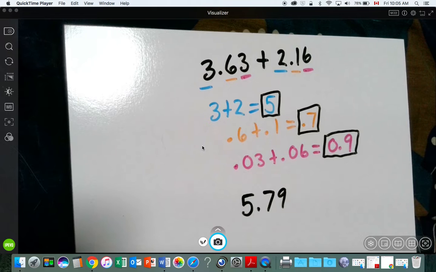The benefit of this strategy is it keeps all the digits in their original place value. We're not regrouping, and there's less chance of mixing up the numbers. And it also increases the students' understanding of numbers.